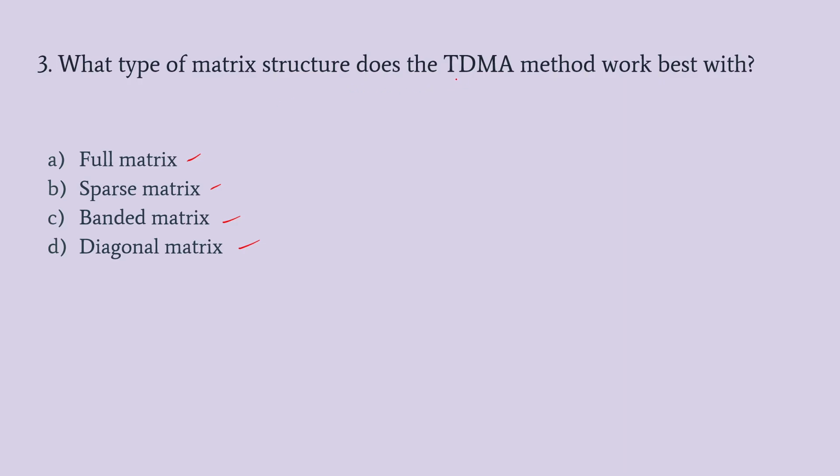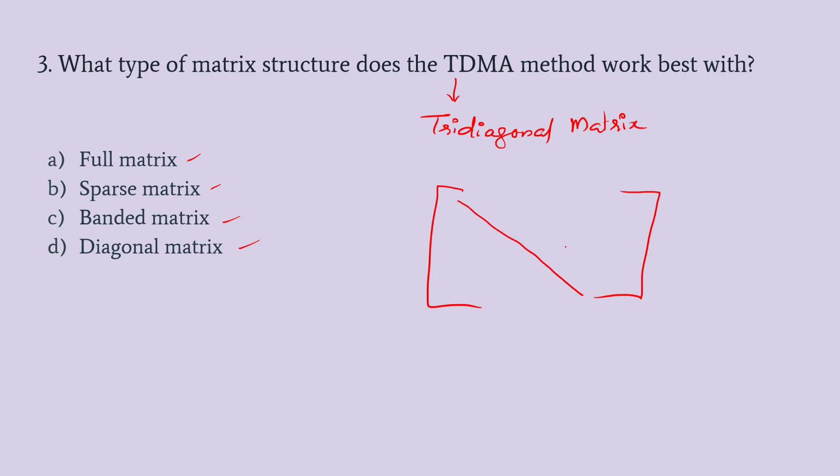Okay, if you remember, TDMA is for the tri-diagonal matrix. From that name itself, we can imagine a matrix where this is the main diagonal, and these two are the subdiagonals.